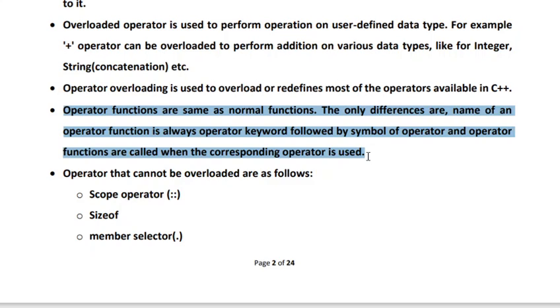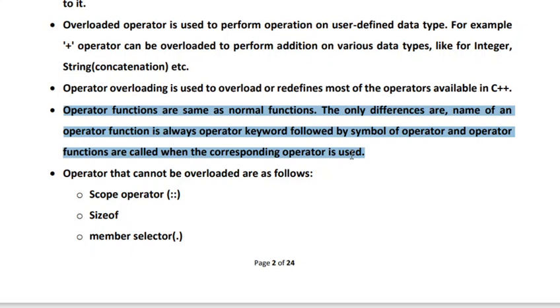Okay, now what does it basically mean? Operator functions are the same as normal functions, right? But instead of a function name, we need to provide the operator keyword, and along with the operator keyword, we need to provide the symbol of the operator.